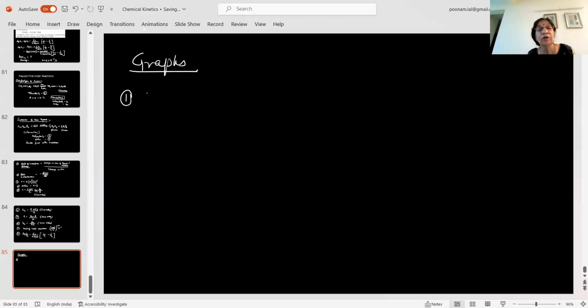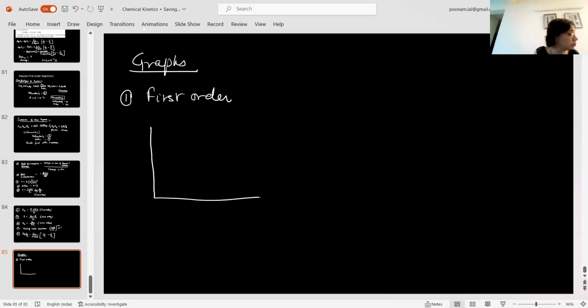The first graph is for first order. So for a first order reaction, if I draw the graph between time t and ln A, then it will be a negative slope.